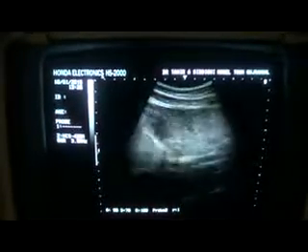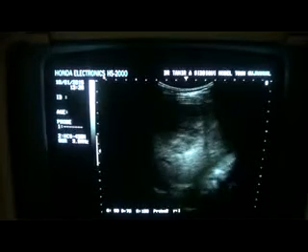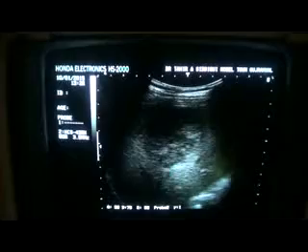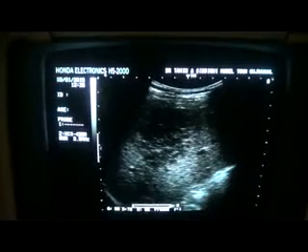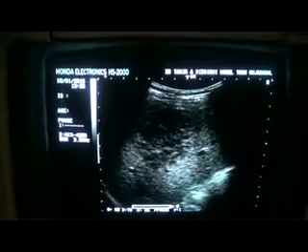Another thing that you will report is that there is no evidence of any satellite lesion or any other lesion seen in the liver except this solitary, well demarcated cystic lesion filled with different strength internal echoes.